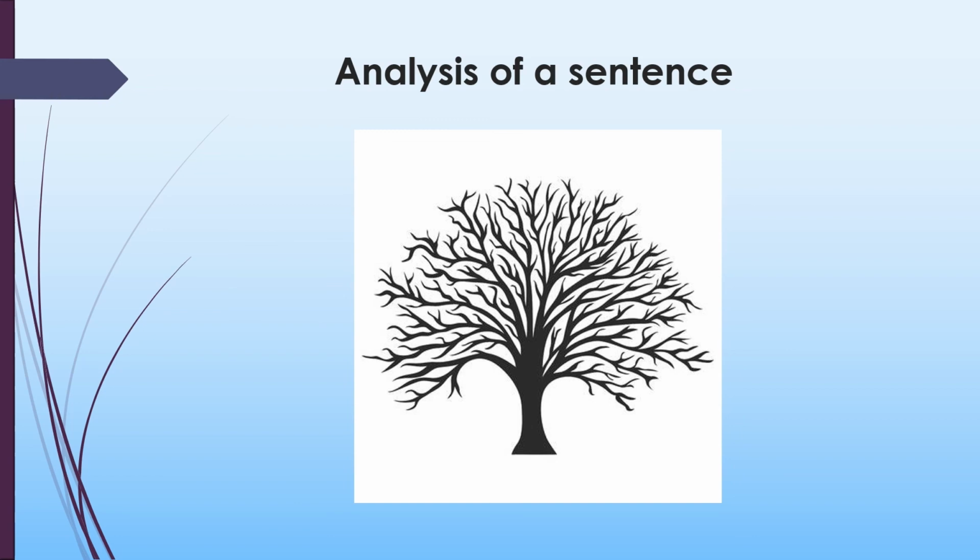In order to understand the sentence, we need a diagram which will explain the structure of a sentence, and we identify that diagram as a tree diagram. A tree diagram refers to different structures with branches, like trees.